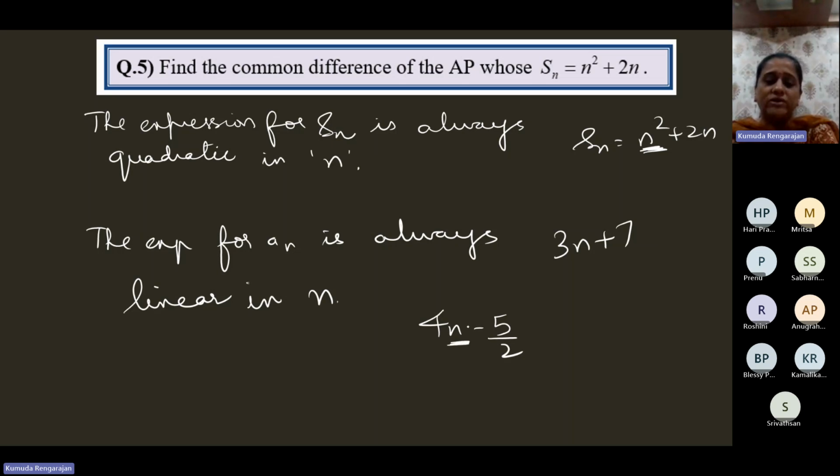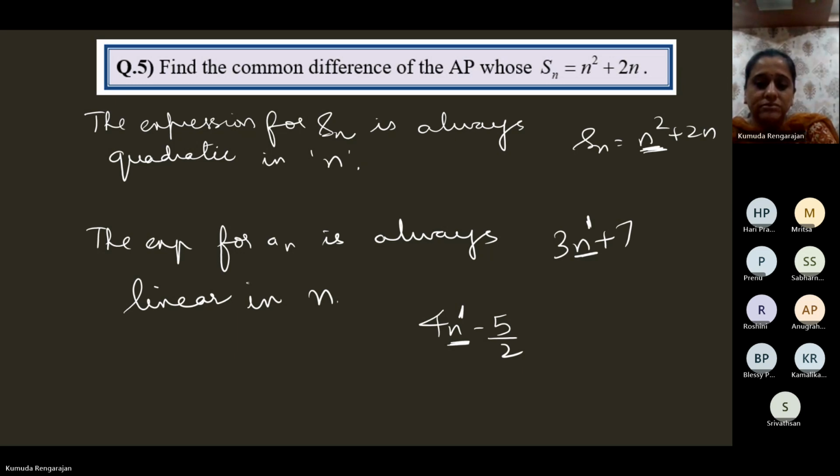The highest power of n will be 1. The expression for Sn, the sum to n terms of an AP, is always quadratic in n. The expression for an, the nth term, the general term of an AP, is always linear in n.